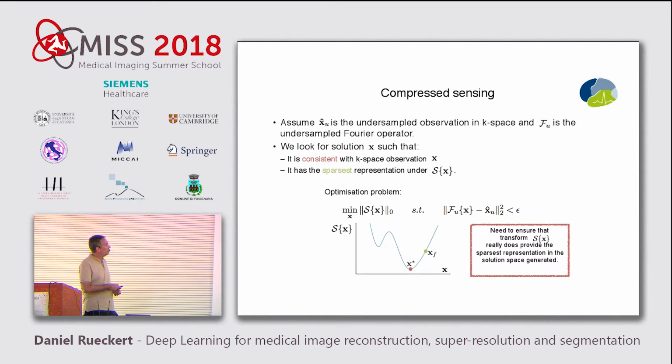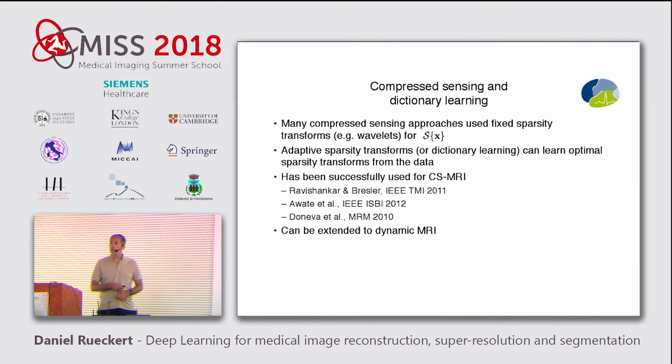So there are a number of approaches which have, for example, tried to learn what is the optimal sparse transformation. And these approaches typically use something called dictionary learning. And I want to highlight a bit how this works with dynamic data. So this is something which we did pre-deep learning. The basic idea is very simple. I take my reconstructed image. I directly learn from this image a dictionary, and you'll see in a moment what the dictionary is.